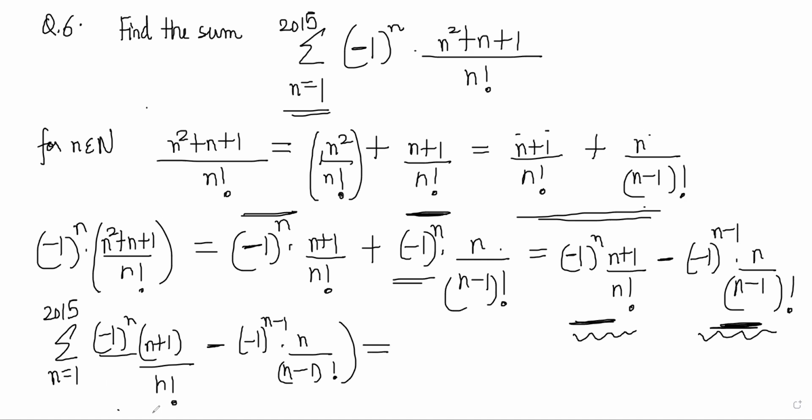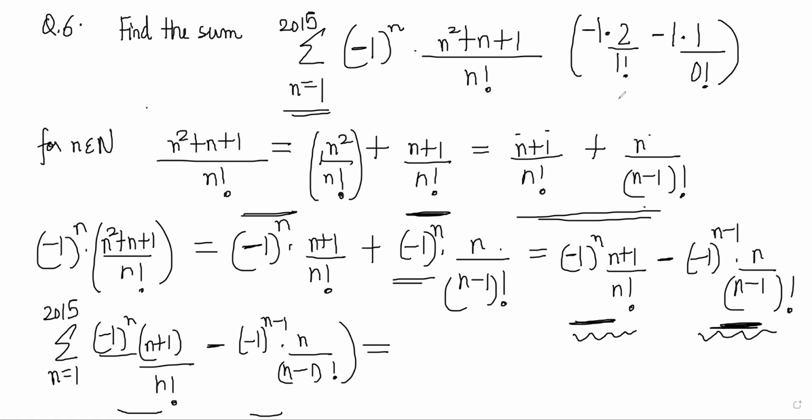If you add these two terms, let's write a few terms and see. The first term will be, when n is 1, it will be minus of 1 into 2 by 1 factorial minus of (minus 1) power 0, which is 1, and 1 by 0 factorial. This is the first term.